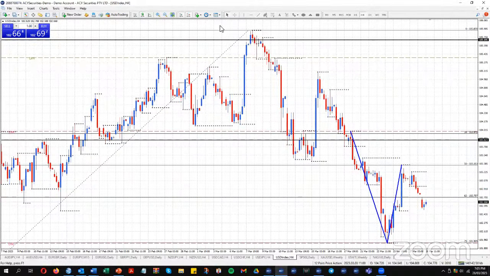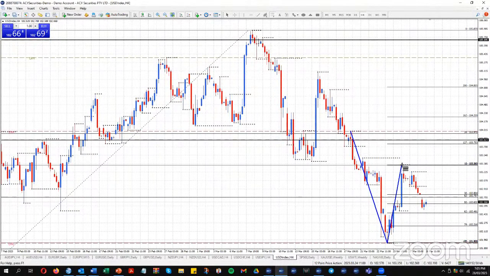Of course, we're pulling back, and I'm just watching that pullback. So almost pulled back 62%. Is it going to get support at 62% here to then further move up this week, like so?